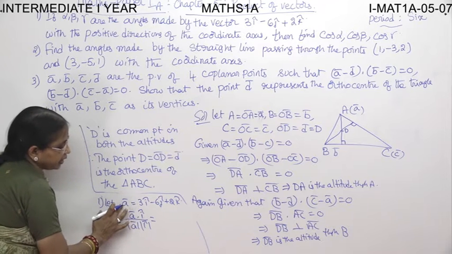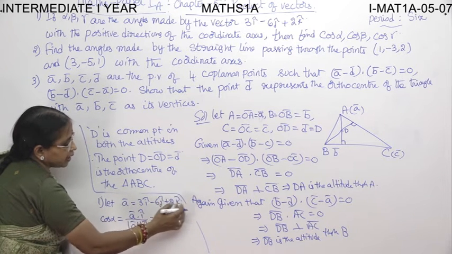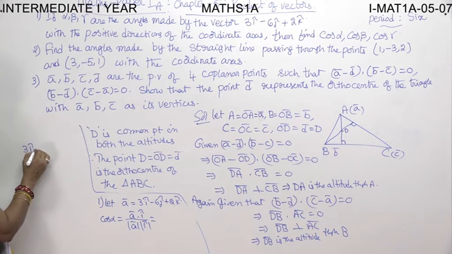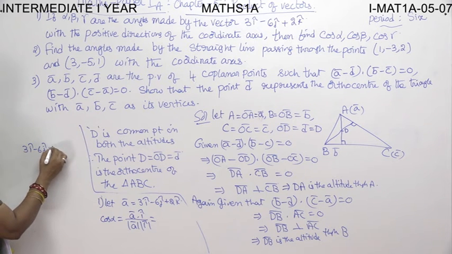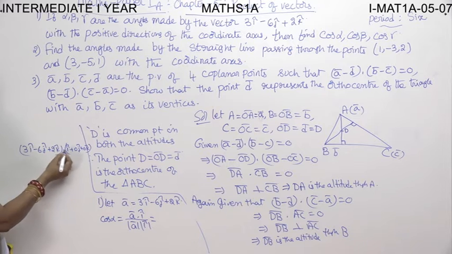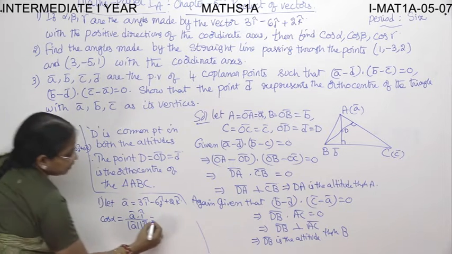What is A dot i? A is 3i minus 6j plus 2k, dot i. For i there is no j and k, so it is like 0j plus 0k. So the value is just 3 into 1, 3 only.